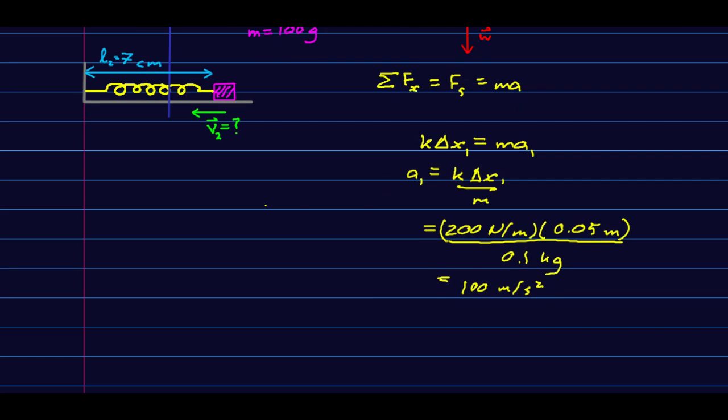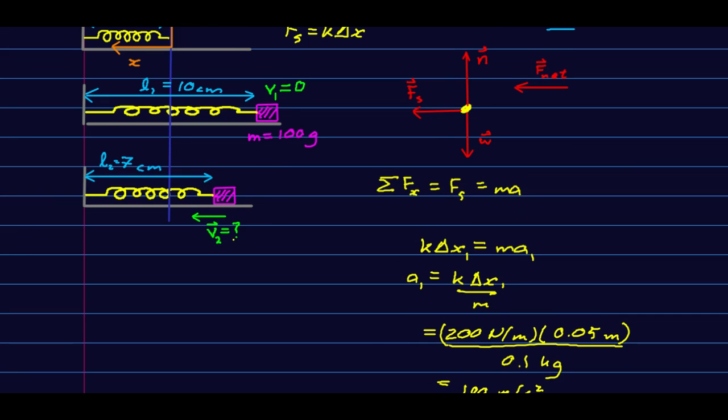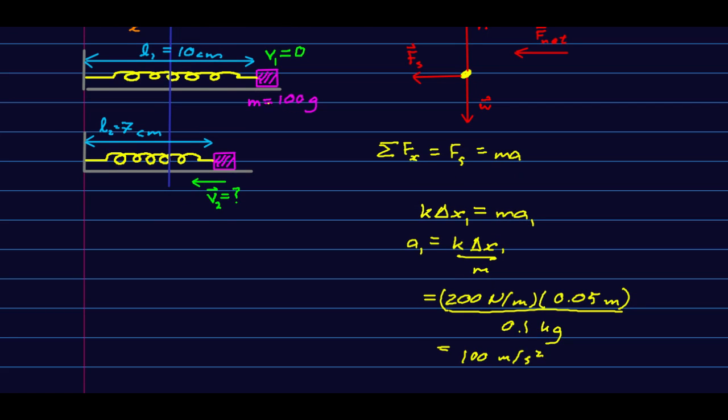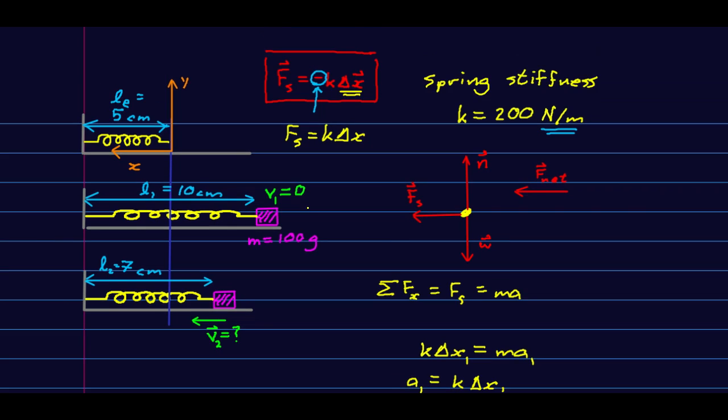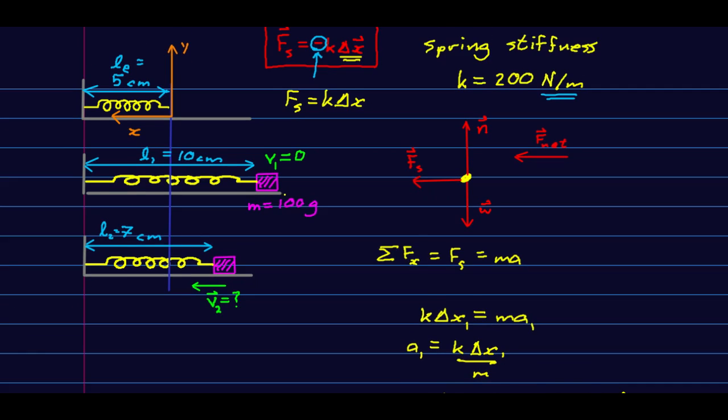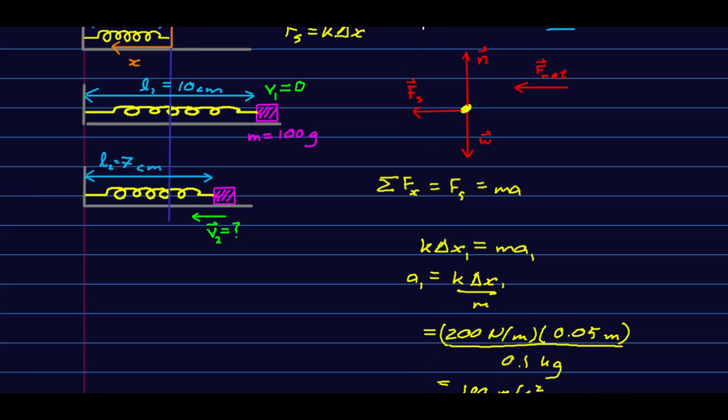And now, notice what will happen if we want to know this v. Well, the thing is, we can't use UAM because as the spring pulls in, it's less and less stretched, and this force changes, and so we'll have a non-uniform acceleration. And you might think, well, what if we can draw an F versus t graph?